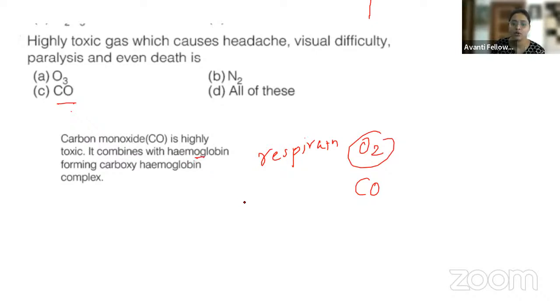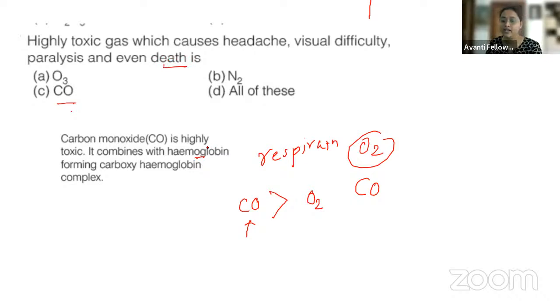And as I have told you, the carbon monoxide combination with hemoglobin, that complex is more stable as compared to the oxygen combined with hemoglobin, that is oxyhemoglobin. तो उस वजह से हमको सफोकेशन हो जाता है. ठीक है, सीओ का ज्यादा इनहेलिएशन अगर हम लोगों ने कर लिया, so due to that there is a suffocation to us, and that's why it causes the headache, visual difficulty, sometimes paralysis, and if more concentration of CO is there, death also happens.